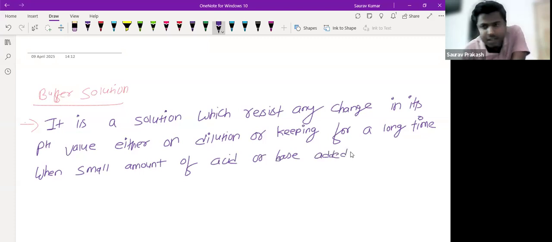So this type of solution is known as a buffer solution.